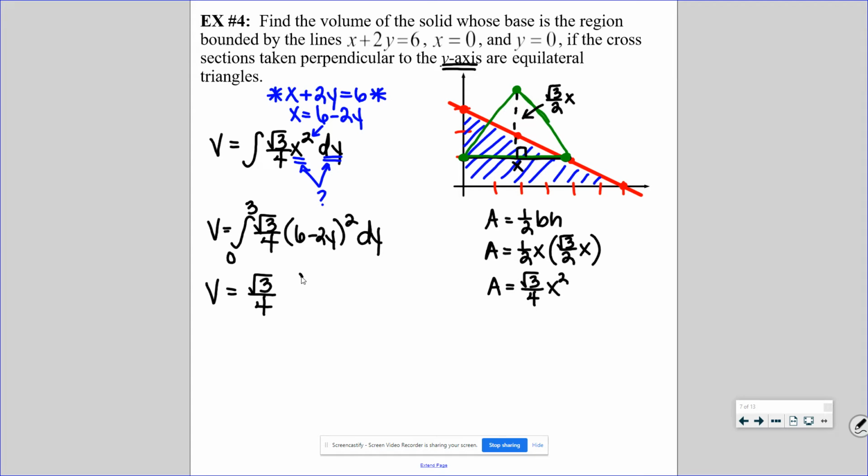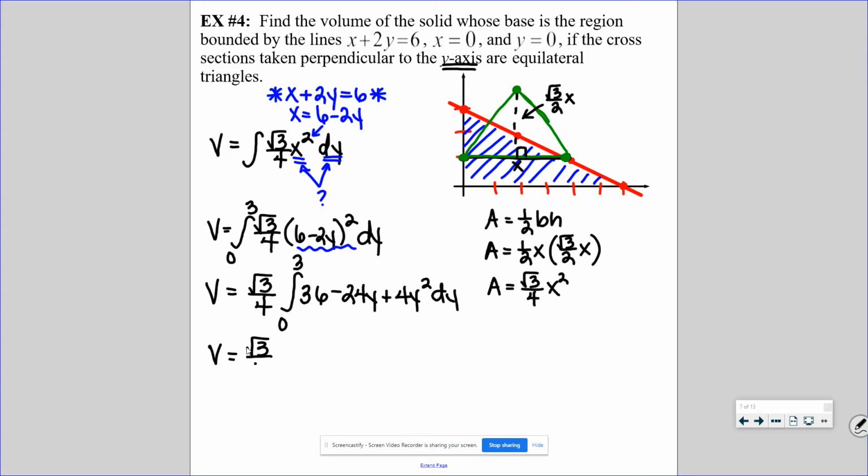Okay, before we can antiderive, we are going to need to simplify what (6 minus 2y) quantity squared is equal to. And that's just using FOIL. So it'd be 36 minus 24y plus 4y squared. And now we can do our antiderivatives.